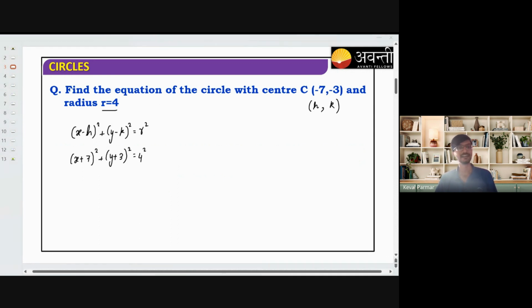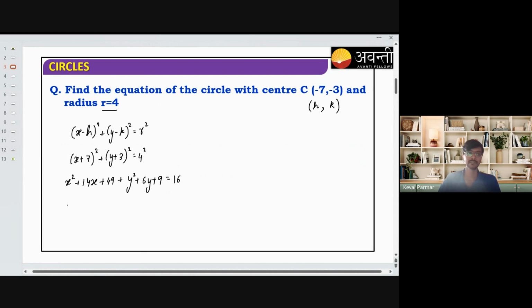Now we have to simplify this equation, that is, open the whole squares. If I open the whole squares, I'll get x square plus 14x plus 49 plus y square plus 6y plus 9 equals 16. Correct, guys? Now we have to simplify. Please remember, whenever we get the equation of a circle, it is better to leave it in its general form. So what was the general form?